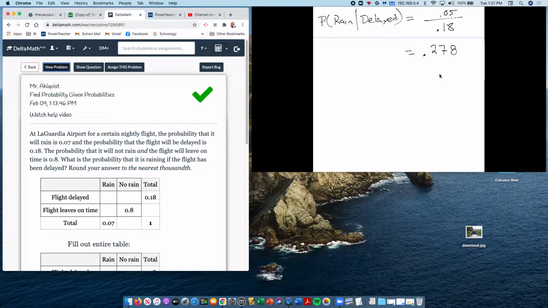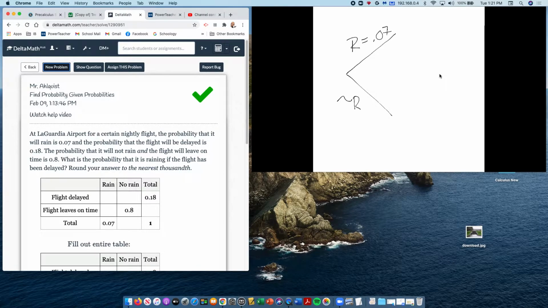So here's another way of dealing with this. You could say, okay, the probability that it's raining is equal to 0.07. So that means the probability that it's not raining is equal to 0.93.